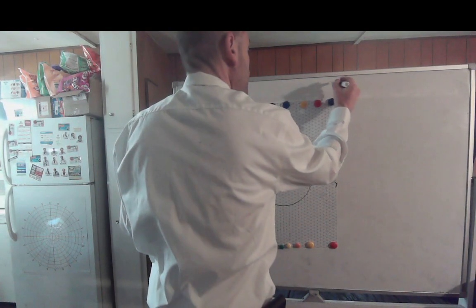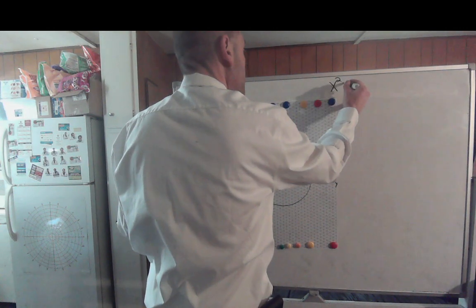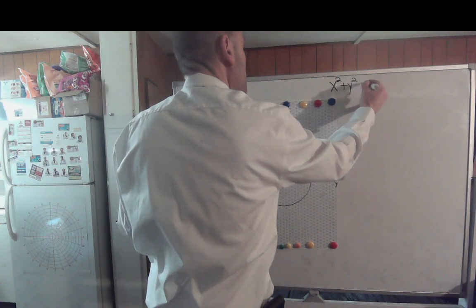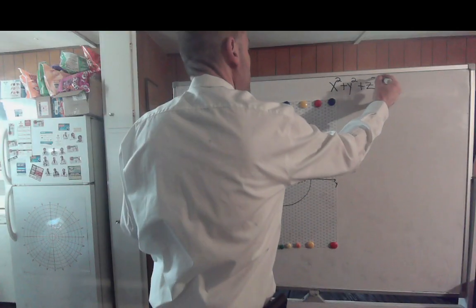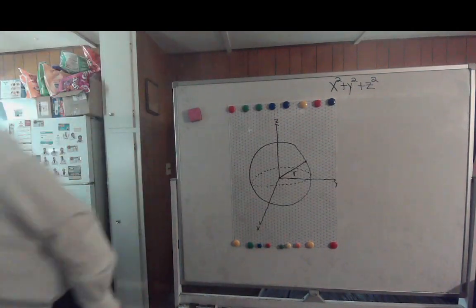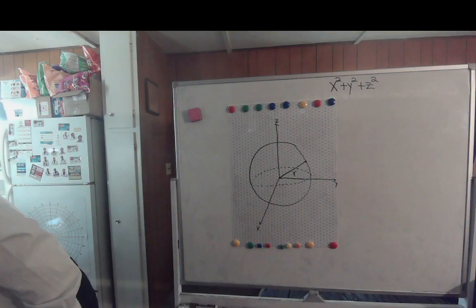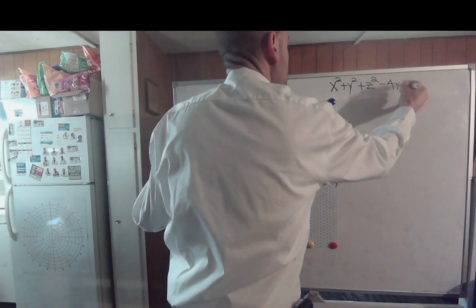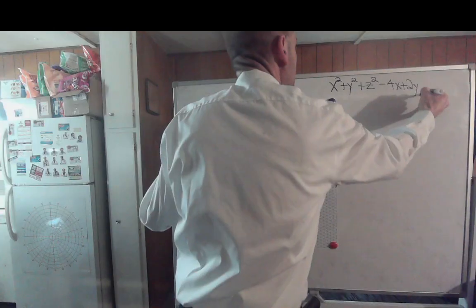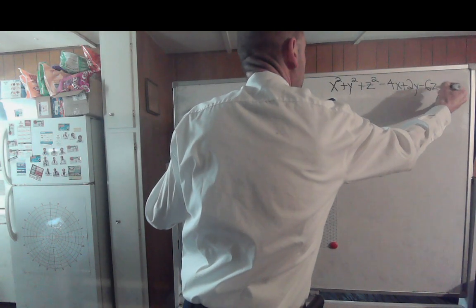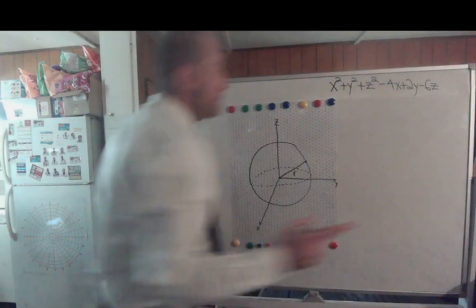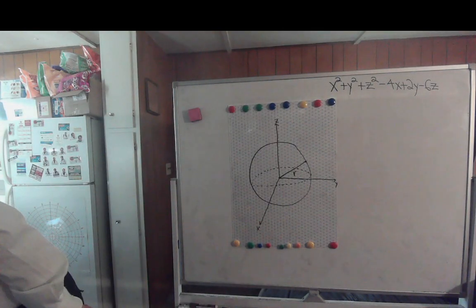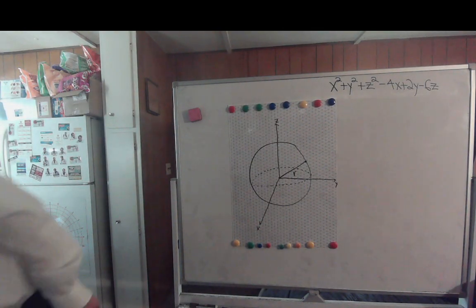So we have x squared plus y squared plus z squared minus 4x plus 2y minus 6z plus 10 equals 0.